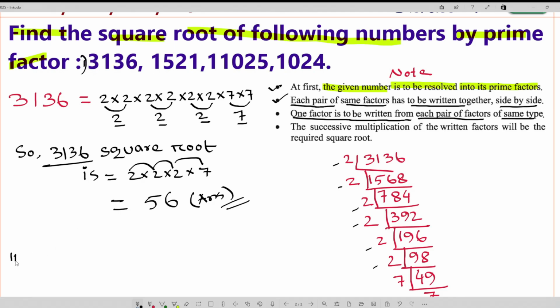Now number 2, 1521. Okay, so 1521 is an odd number.